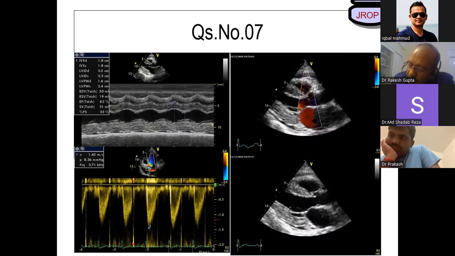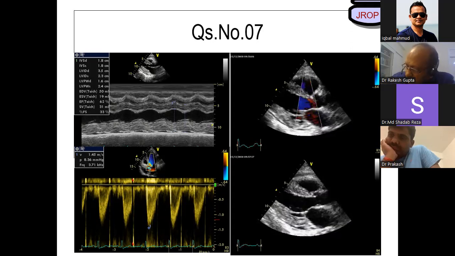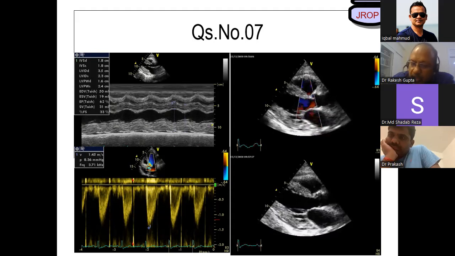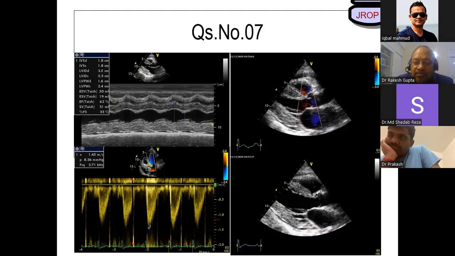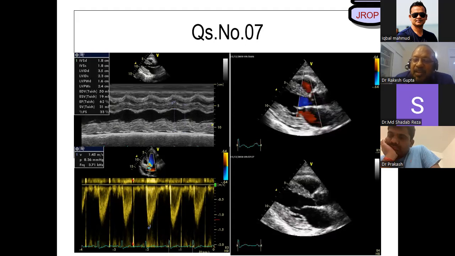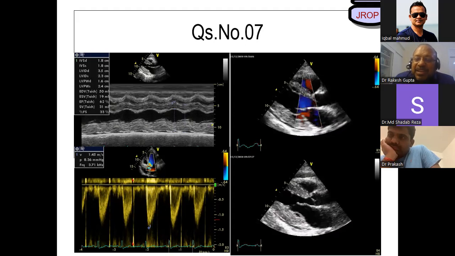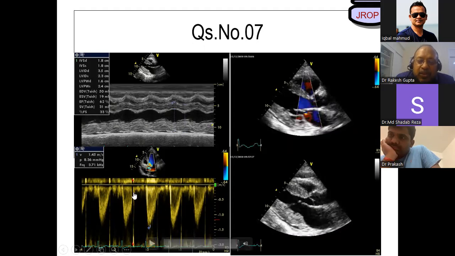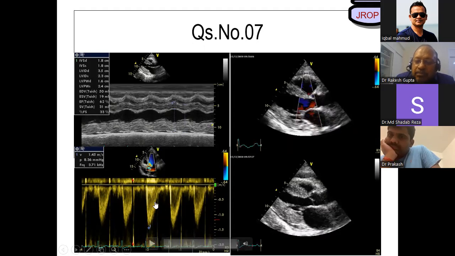Sir, this is the apical view, and this septum is thickened, sir. Is it HOCM or not HOCM? There is no turbulence at the LVOT, there is no dynamic LVOT obstruction.